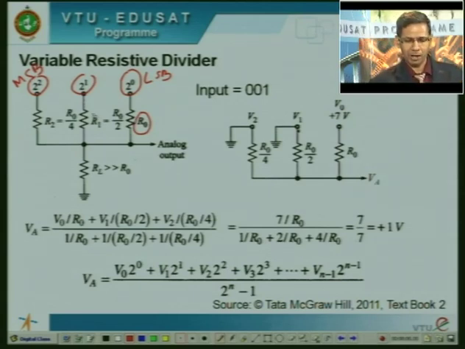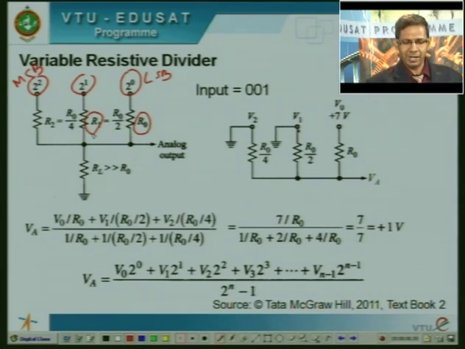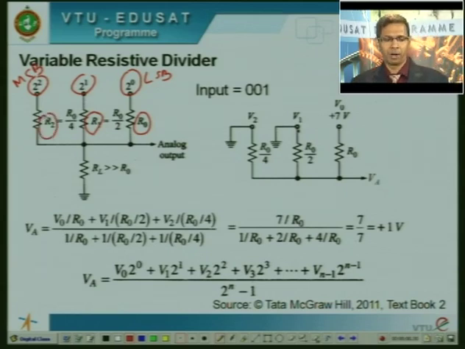That means R1 is going to be R0 upon 2. Similarly, in this case, which is MSB, the value of the resistance is going to be half of its preceding resistor. So the preceding resistor is R1, so R2 is going to be half of R1. But what is R1? R1 is already half of R0. Therefore, R2 is going to be 1/4 of R0.